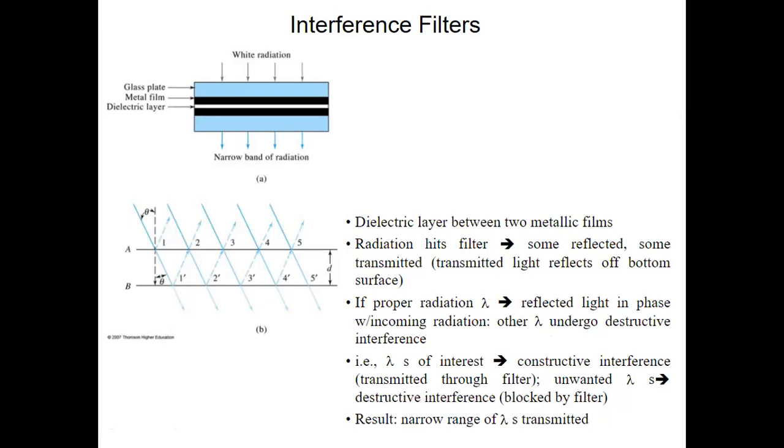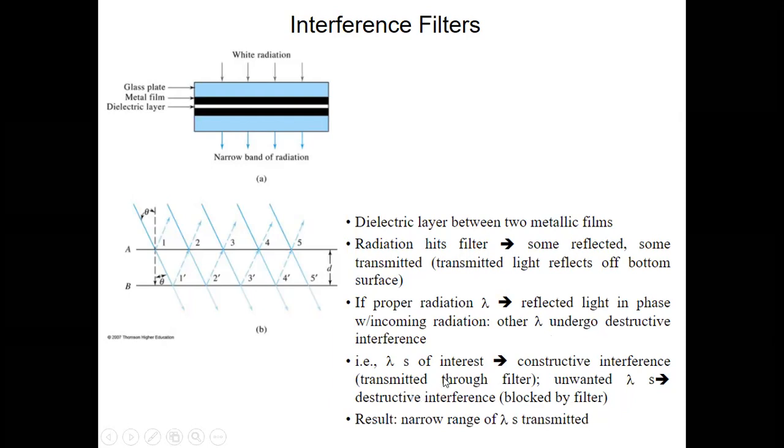Destructive interference happens when they are in different phases. If constructive interference happens, the light will transmit through the filter, and if destructive interference happens, it will be blocked by the filter.